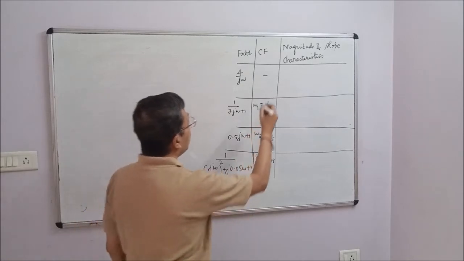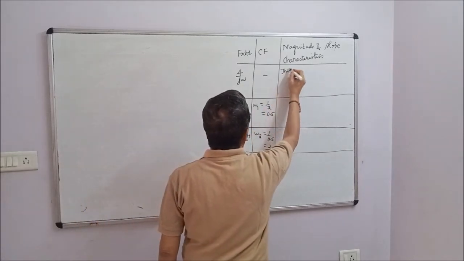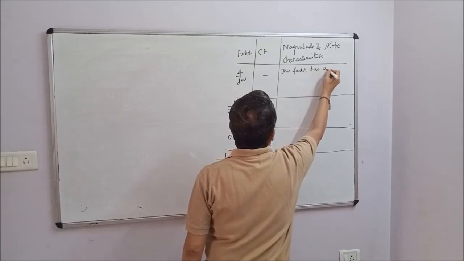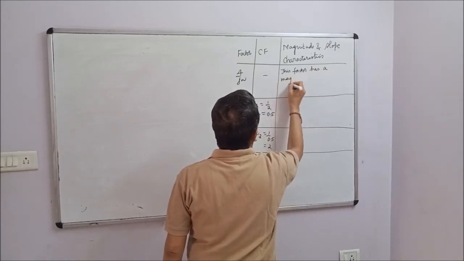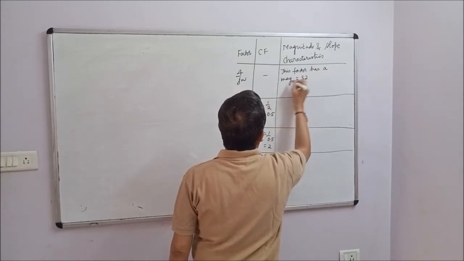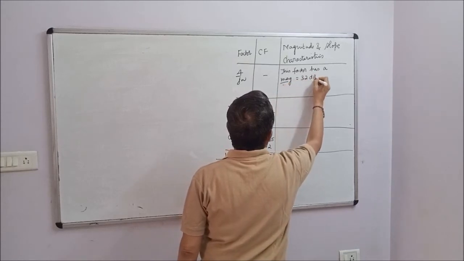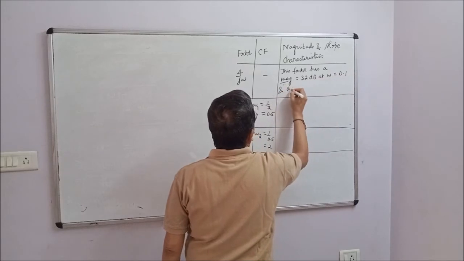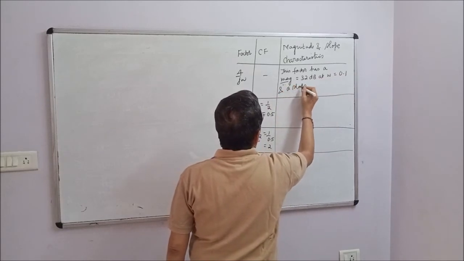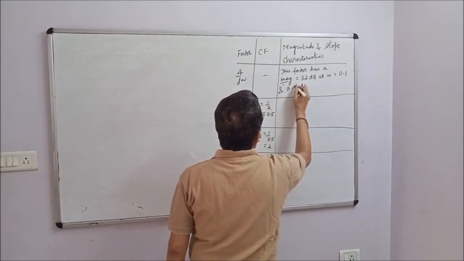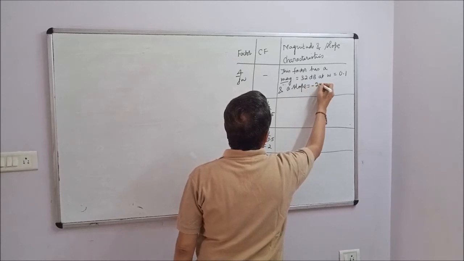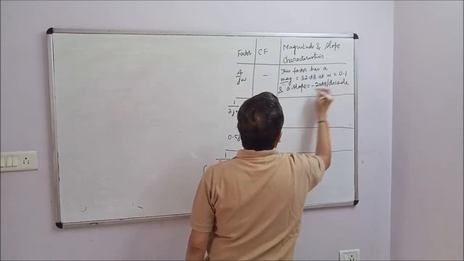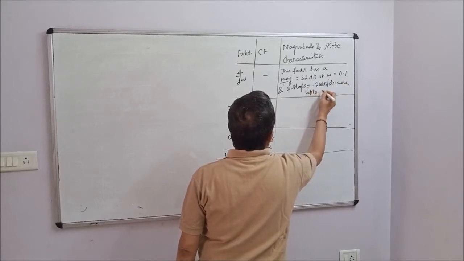So I am going to write here this factor has a magnitude equal to 32 dB at omega equal to 0.1 and a slope equal to minus 20 decibels per decade up to omega 1.